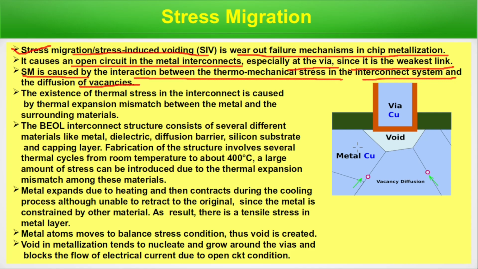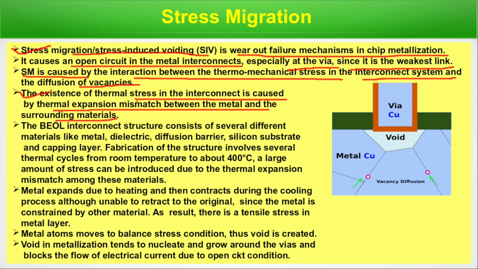Different types of materials behave differently under thermal cycles, in how they expand and how they relax, because the materials are different. The thermal coefficient is different. The thermal expansion of metal and dielectric are completely different. So the existence of thermal stress in the interconnect is caused by thermal expansion mismatch between the metal and the surrounding materials.